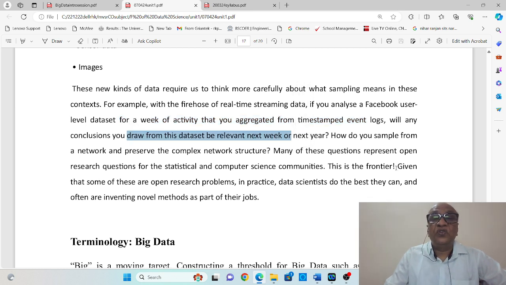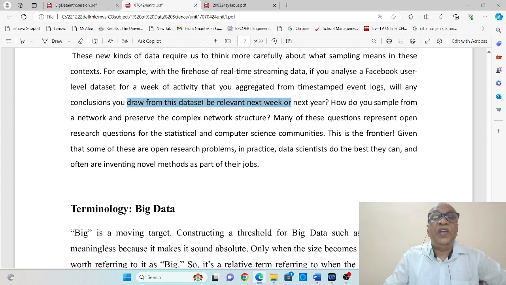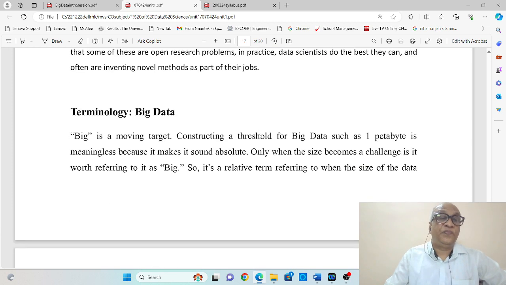But these conclusions will be totally wrong because there may be other people who have not logged in at that time, and their observations might have genuinely affected the outcomes. So these kinds of questions are open-ended questions which are research questions for our data science community.